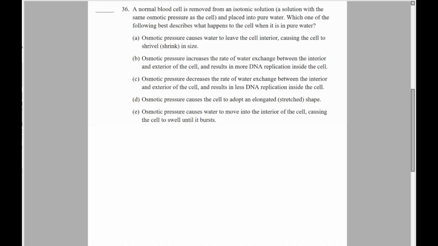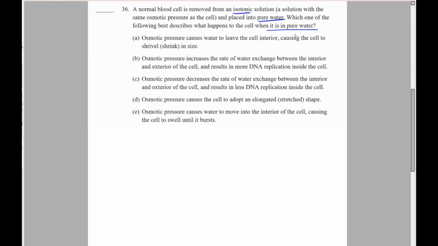36. A normal blood cell is removed from an isotonic solution, which is a solution with the same osmotic pressure as the cell, and placed into pure water. Which one of the following best describes what happens to the cell when it is in pure water?